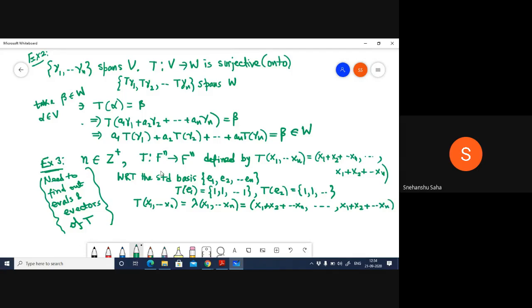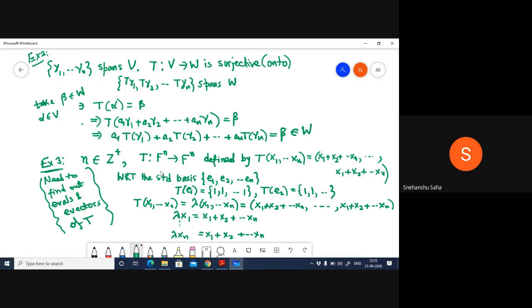So lambda x1 is equal to x1 plus x2 plus xn, and lambda xn is also x1 plus x2 plus xn. So you have a set of equations. Now what I need is to find the values of lambda from here without doing a lot of complicated algebra. I don't want to do that.